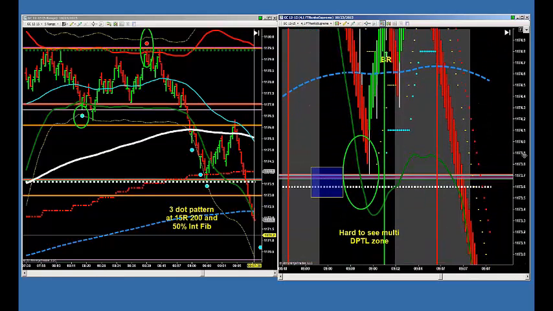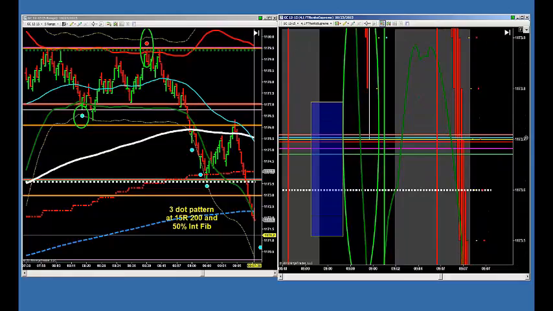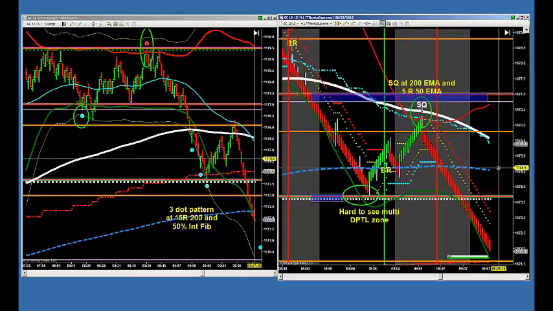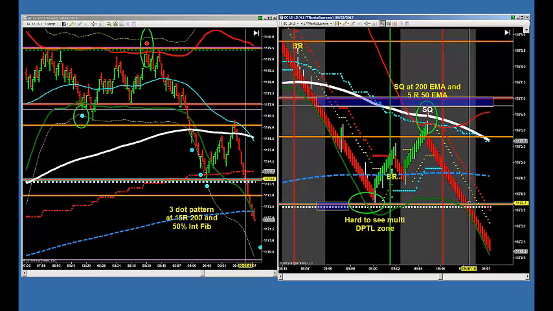And as I spread this thing out, what I'm seeing is there's a massive amount of agreement between all kinds of different charts that this is an important area right there. In fact, they agreed so much that it was almost identical on all these different chart types. And did the price bounce off it?